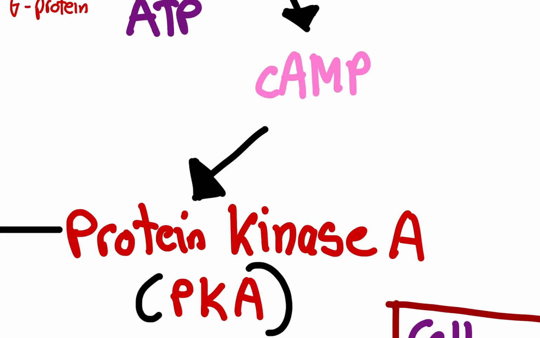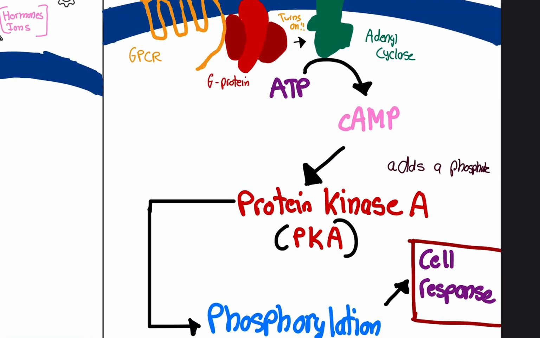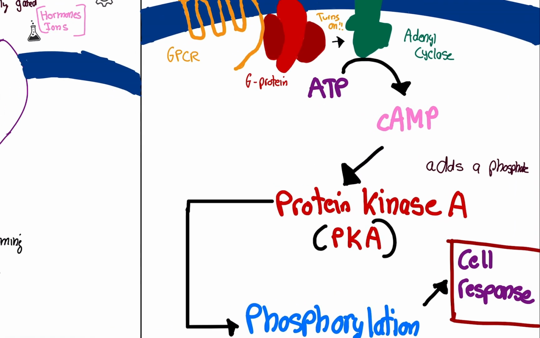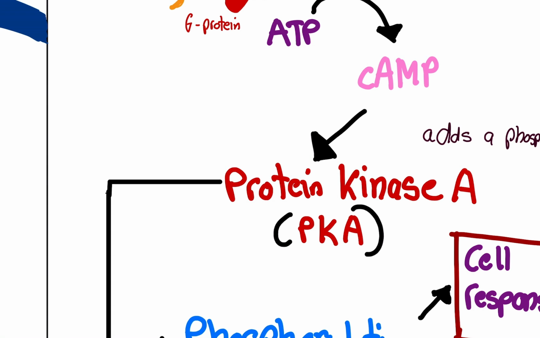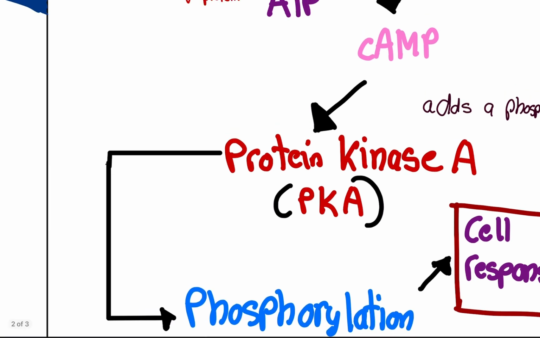Phosphorylate basically means, in other words, adds a phosphate group to whatever molecule or protein. So this protein kinase A is going to go over to a protein and phosphorylate it. It's going to add a phosphate group to it.